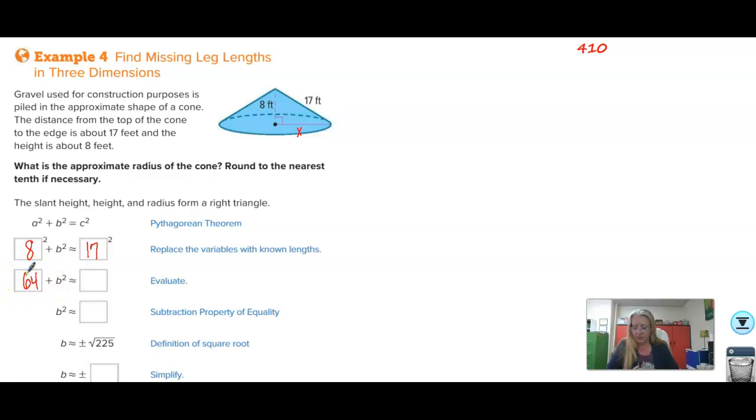And 17 squared, I think I know, but to be safe, 289. And then we subtract 64 from 289. We get 225. And I happen to know the square root of 225 is 15. Does it seem reasonable that this side would be 15? Yeah, it definitely does.